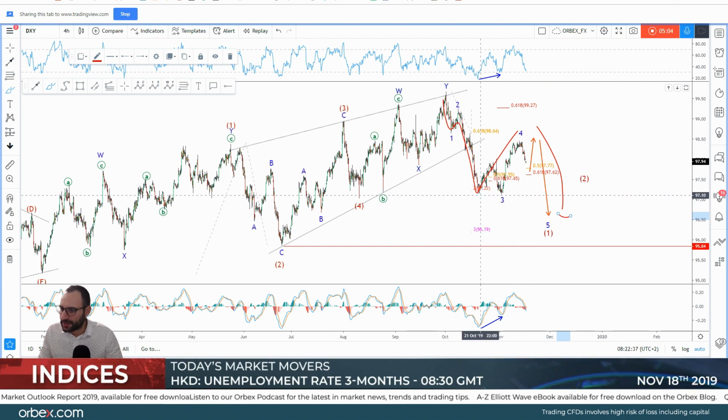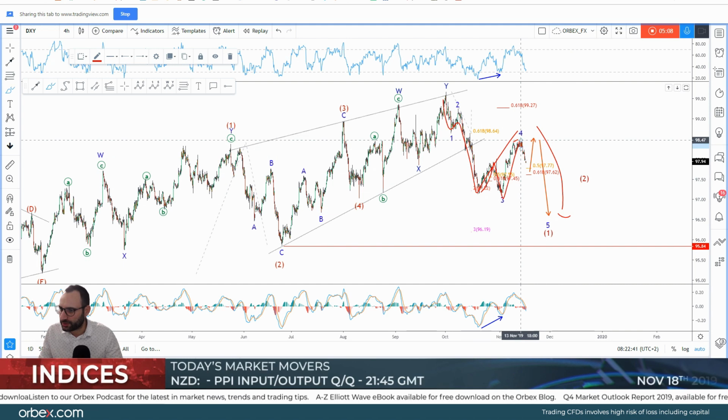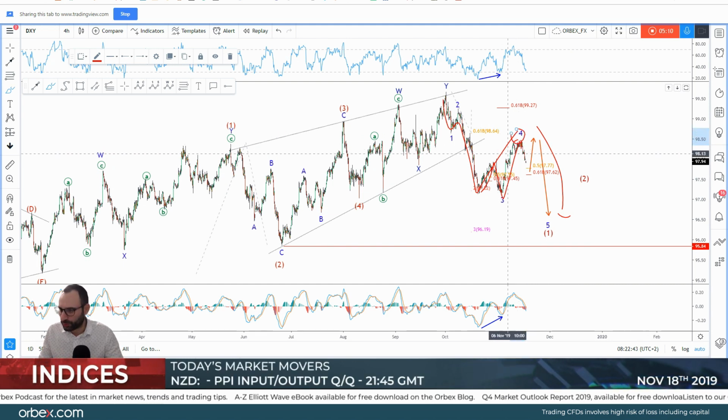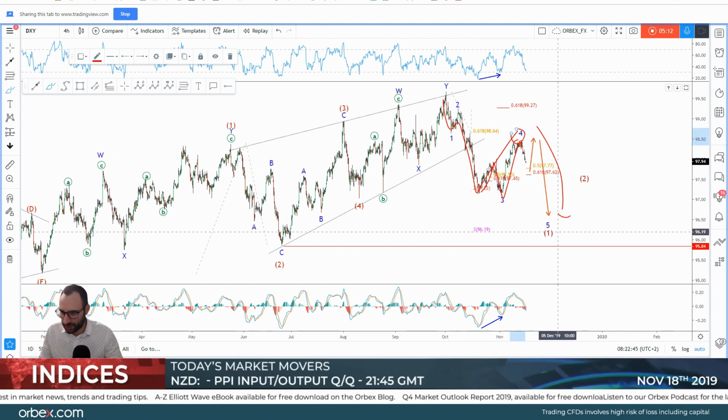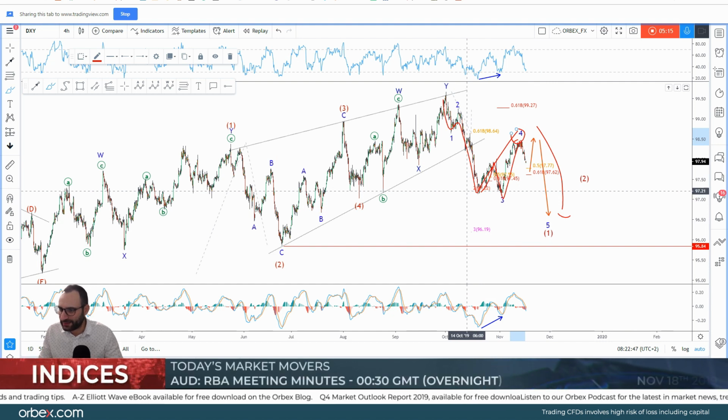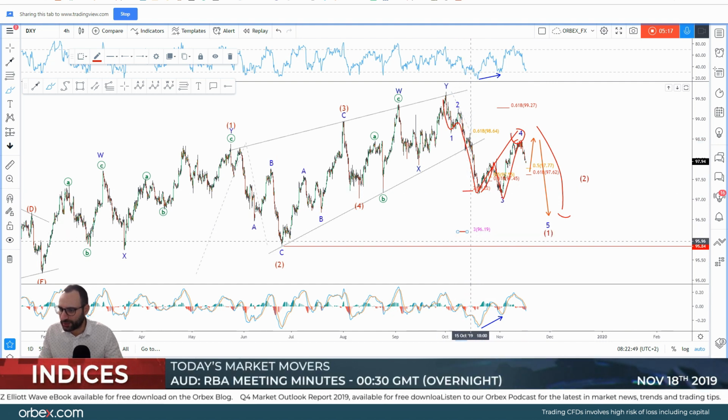Because that means that we've had an A, B, and C expanded triangle over here with wave 4 ending right there, okay? And then we should be looking at prices then to start moving lower. Since we had wave 3 ending at the 200 Fibonacci, then we're looking at 300 Fibonacci around 96.20 for wave 1 to end.